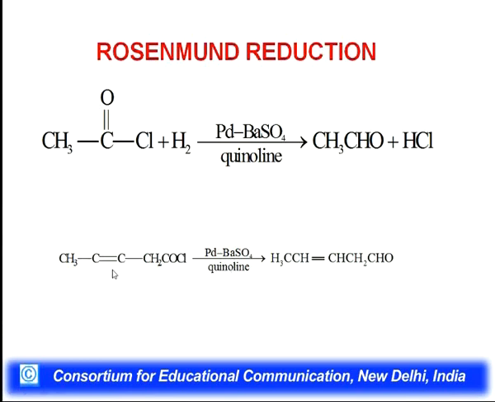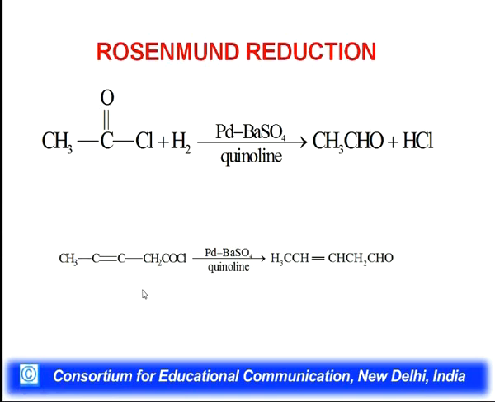In this it is not shown, but here we have a triple bond. So if we have a triple bond in the molecule and along with that we have an acid chloride, we can prepare an unsaturated aldehyde having a double bond. We know when we do the Lindlar's reaction, hydrogen adds across the triple bond cis.